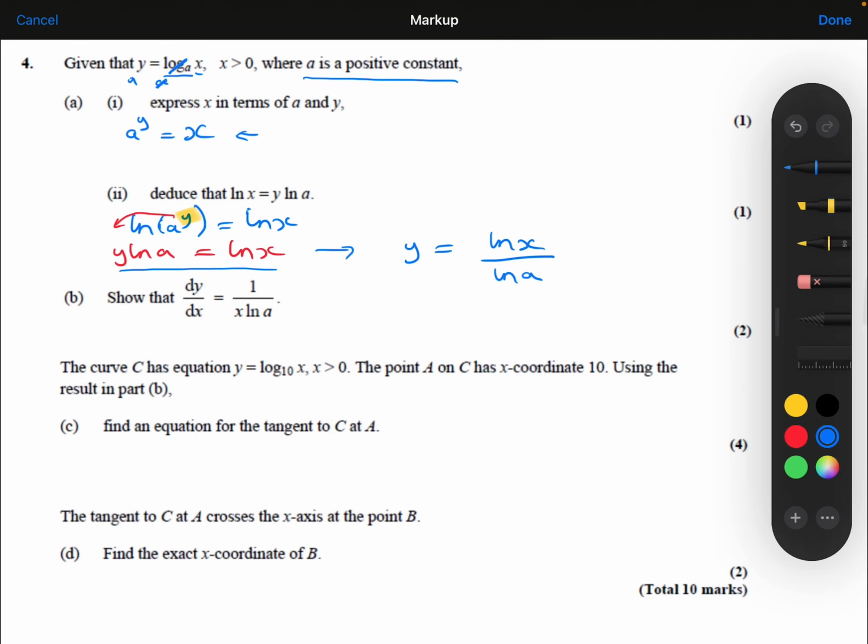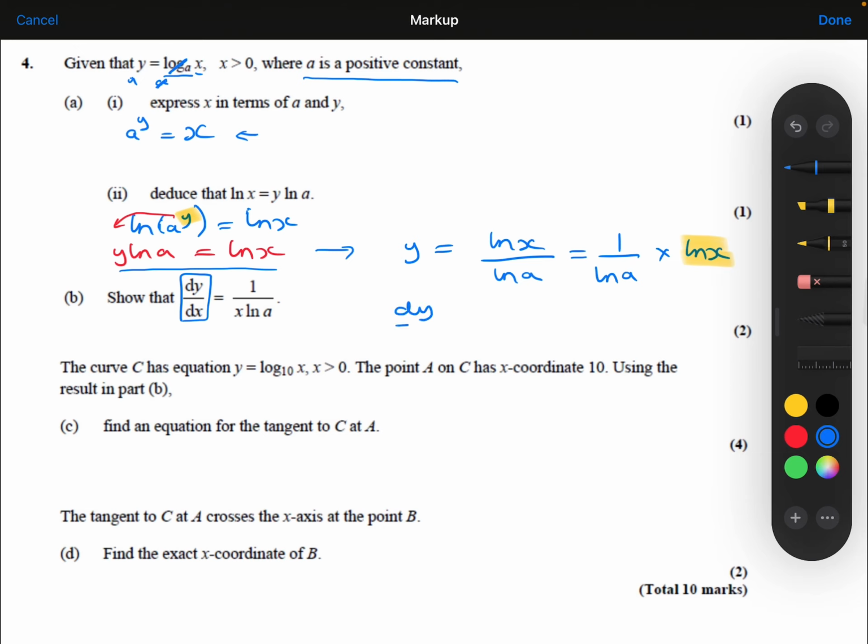Now, in order for me to differentiate this, I'd like to write it in a slightly different form, just to make it a bit easier for myself. I'm actually going to rewrite it as 1 over ln a times ln x, just so I can keep the x function a little bit separate to the constant, just to help me with the differentiation.